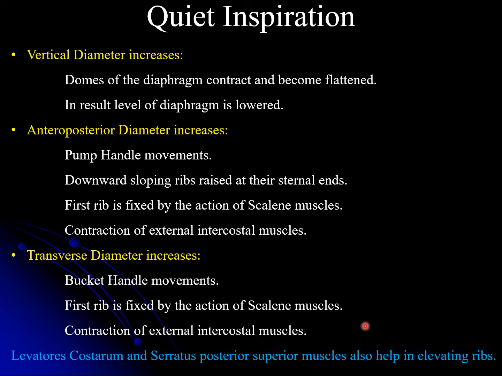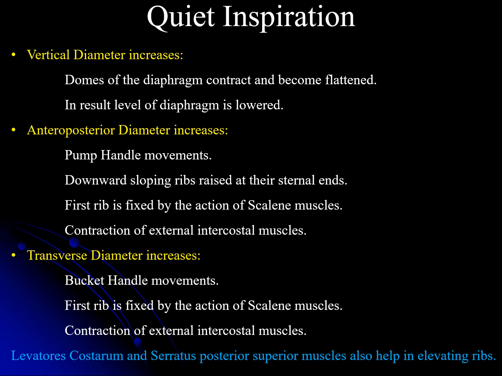We discussed in the previous lecture that the fibers of the external intercostal muscles are directed from the upper to the lower rib, downward, forward, and towards the anterior. So as they contract, they take the lower rib outwards, increasing the diameter. So all these factors are involved in quiet inspiration to increase the vertical, anterior-posterior, and transverse diameter.